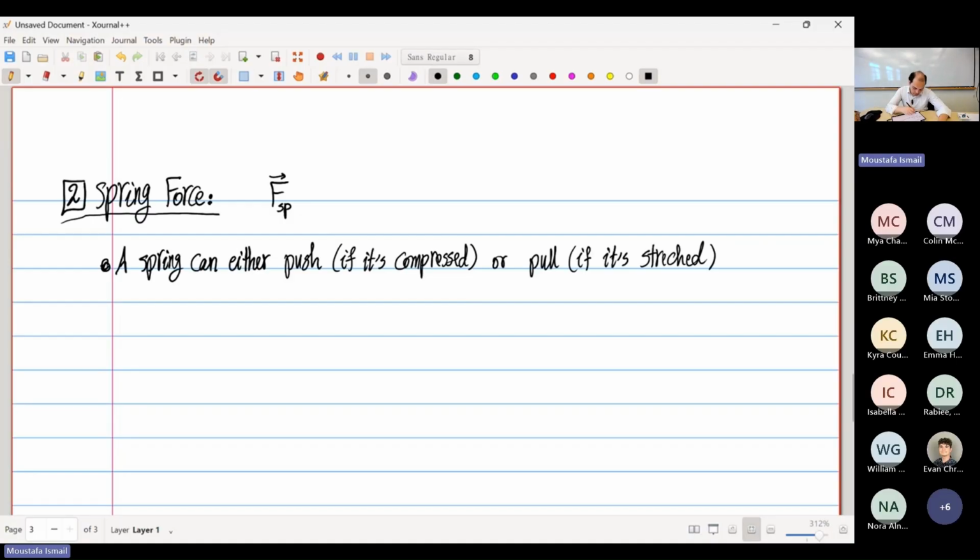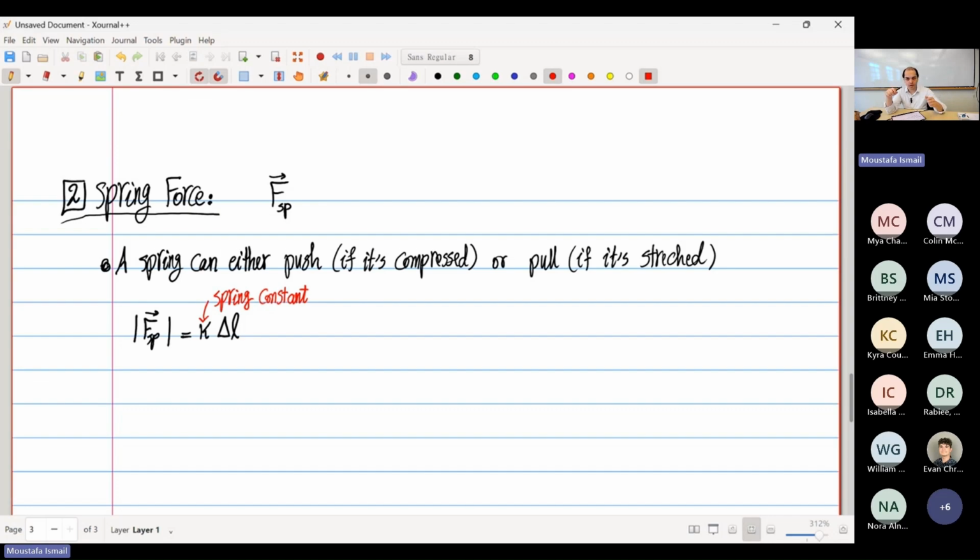The magnitude of the spring force is given by k times delta L. This k is the spring constant. It's just a number that characterizes the stiffness of the spring. So each material has its own spring constant, and this is usually a given. So you look at a spring, if it's hard to compress or stretch, this has a high value of spring constant.